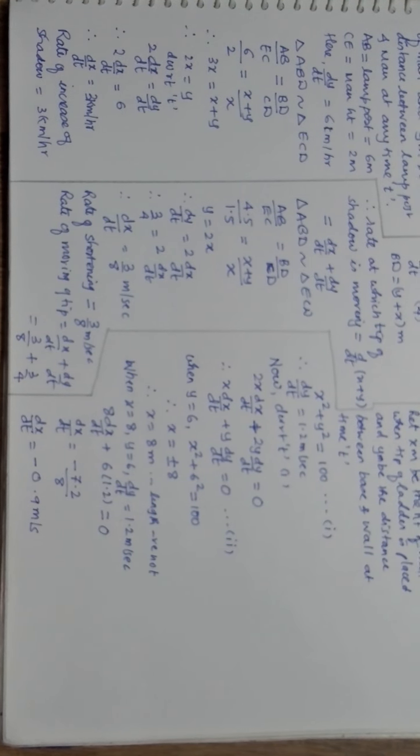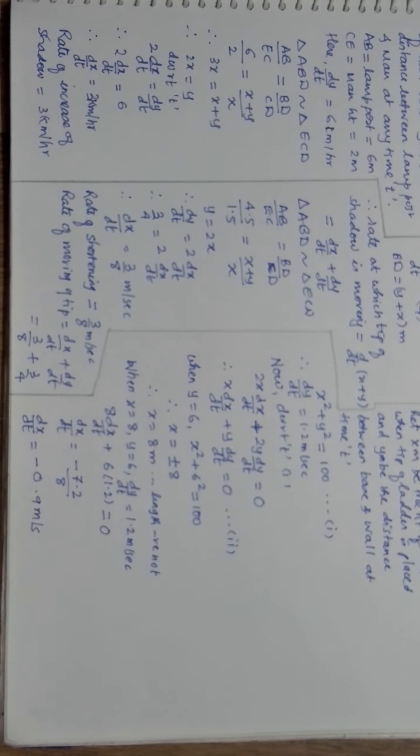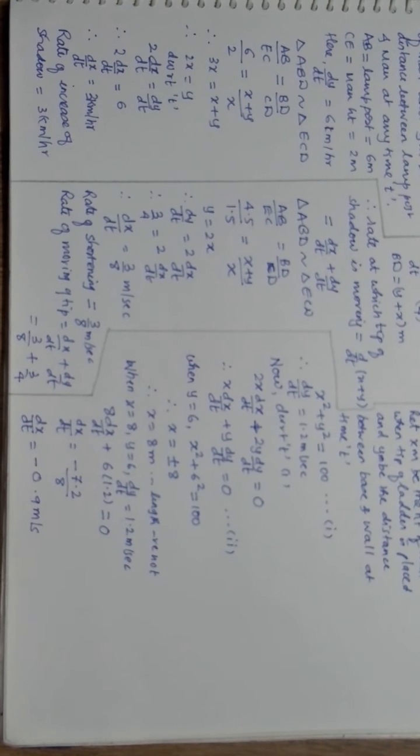Minus indicates that it is decreasing, the height is decreasing, it is falling down. By the rules of physics, you know, it will come negative only. So here you will get that the ladder is sliding down at the rate of 0.9 meter per second.